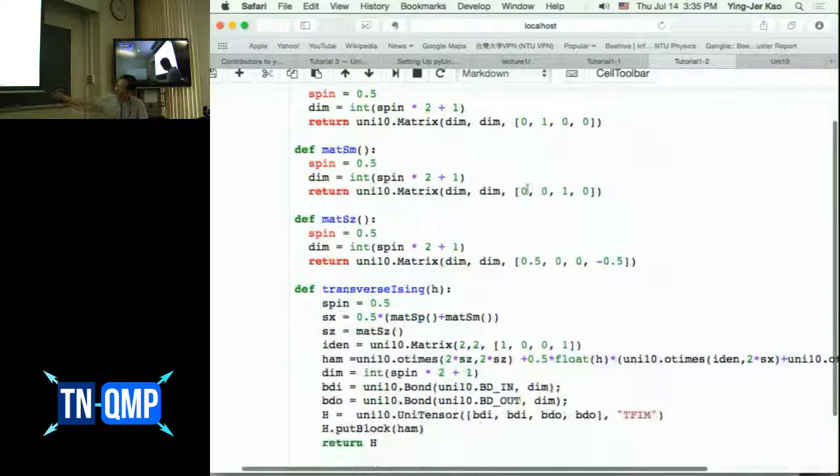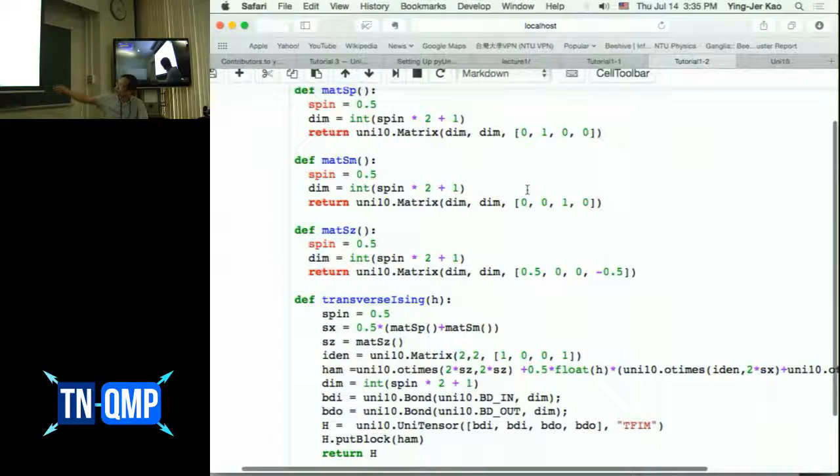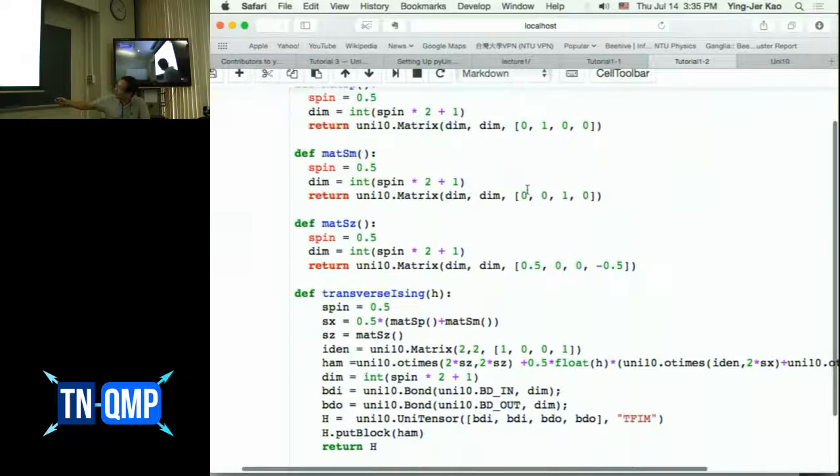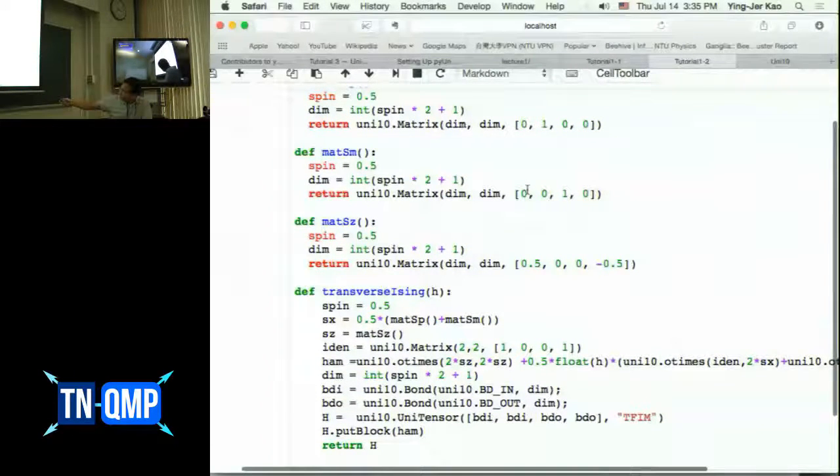Sorry, this should be sigma. Oh no, this is S. Sorry. So we can use these matrices. For example, I want to construct Sx. I just take S plus, S minus, and divide by 2. This will give me Sx.